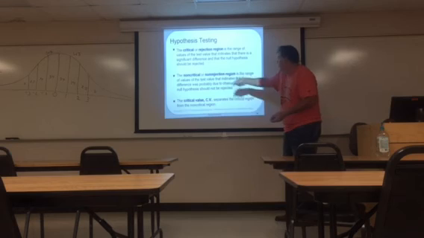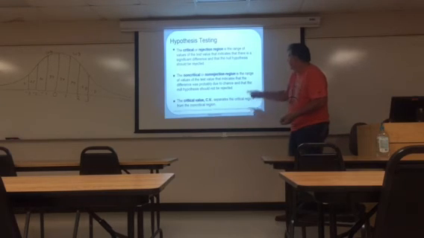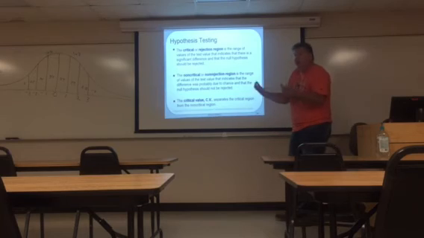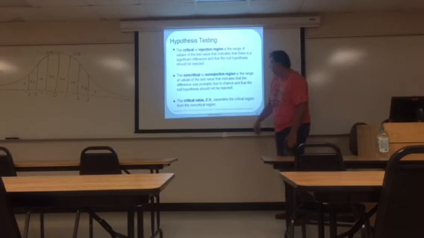It's the range of values of the test value that indicates that the difference was probably due to chance. It wasn't due to my research or my independent variable. It was due to some other variable that I didn't control for, or some nuisance variable or something like that.